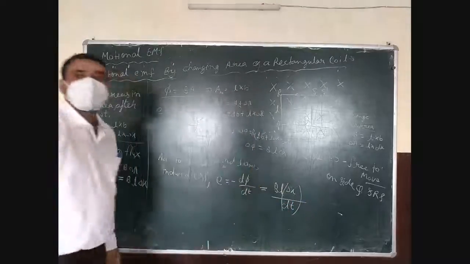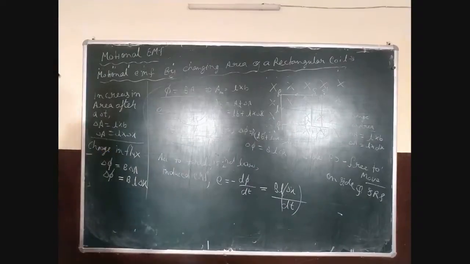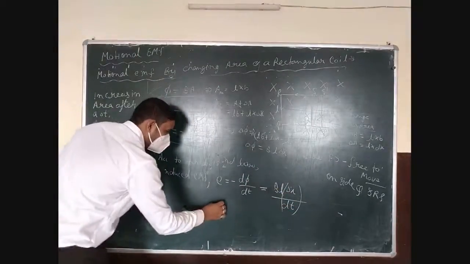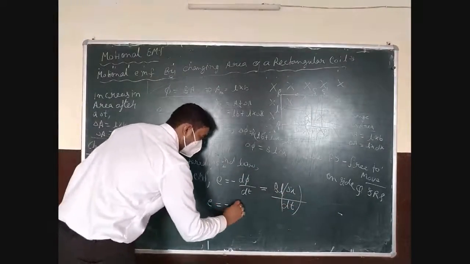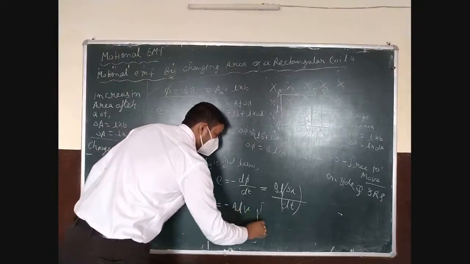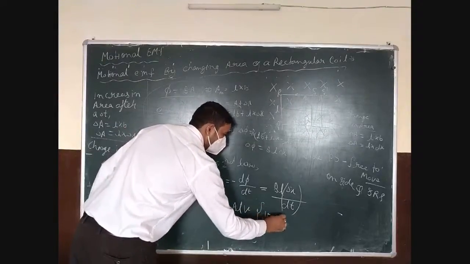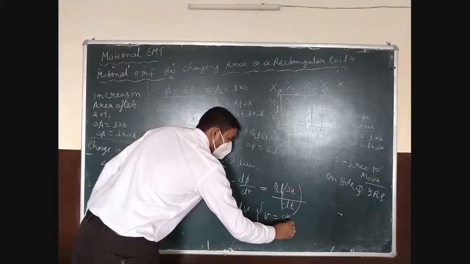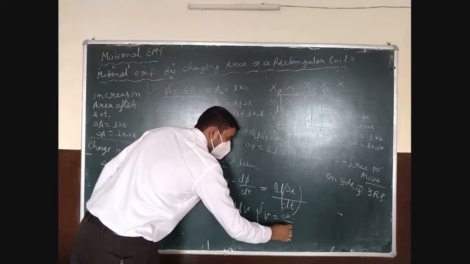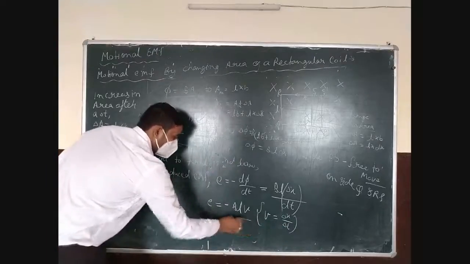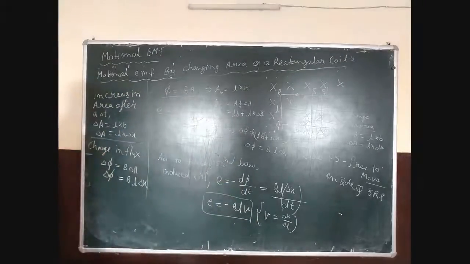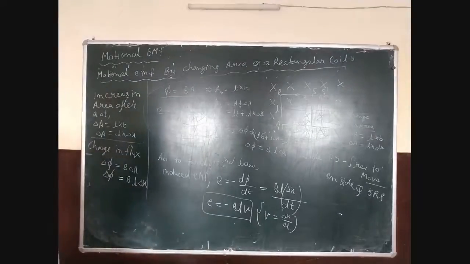Now this term is the rate of change of displacement, that is velocity. So we get E is equal to minus BLV, where V is equal to del X upon del t. Okay, this is the value of EMF induced in the coil when it is moving in the magnetic field. Just note down this part only.